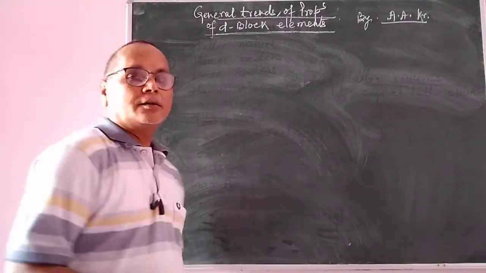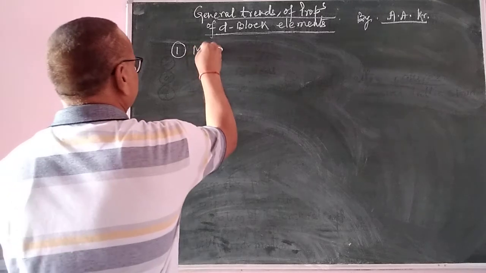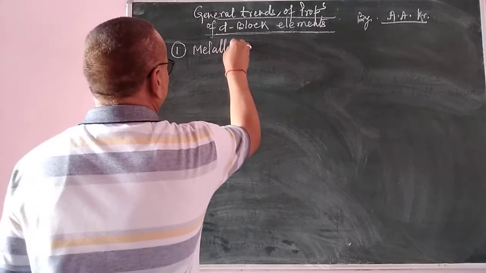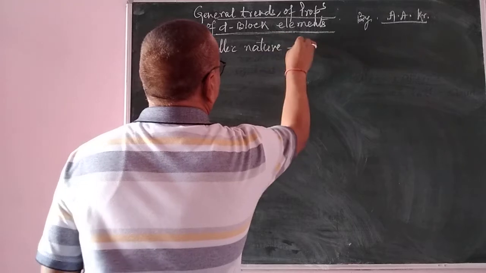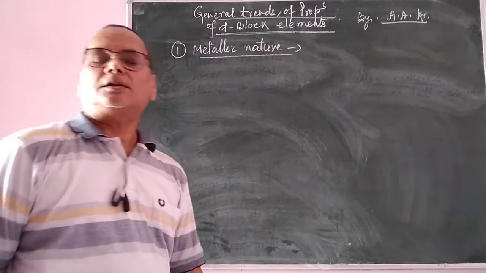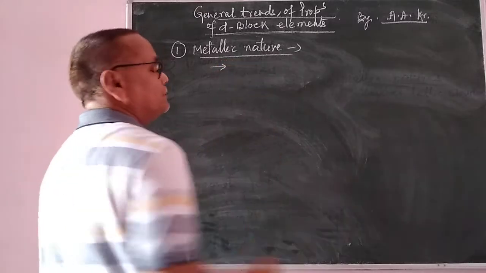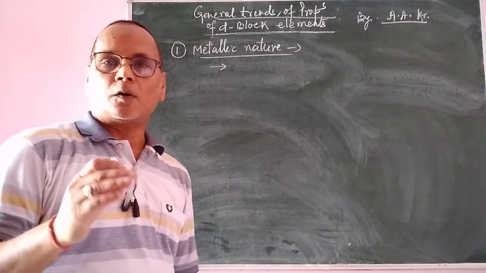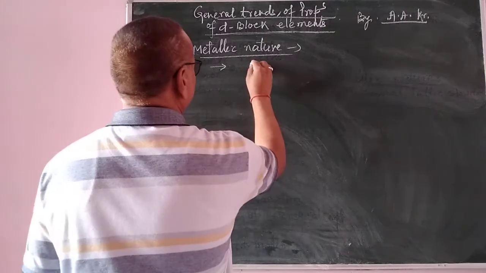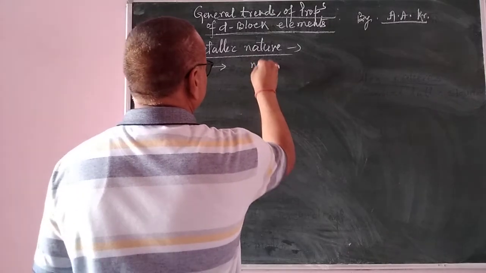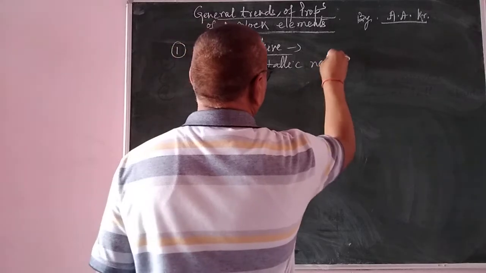So one by one, I am going to explain. First of all, metallic nature. All the d-block elements show metallic nature. All the d-block elements are metals.